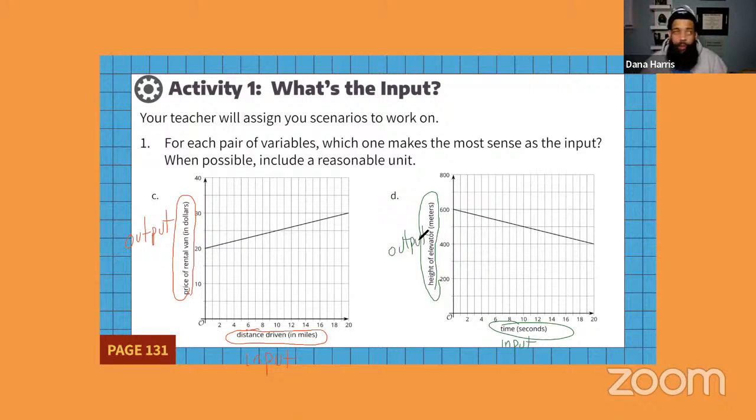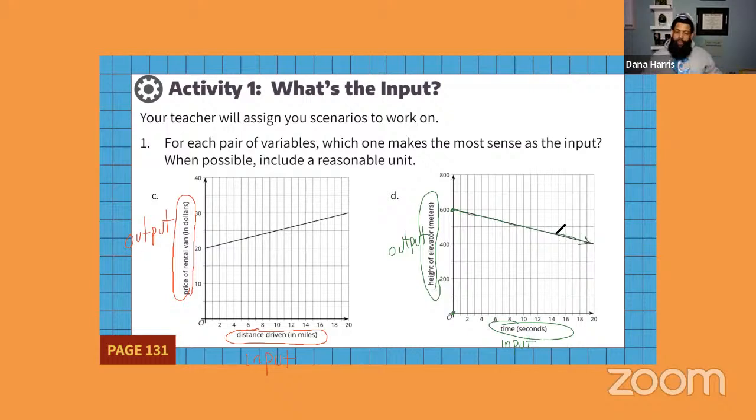So let's say I get on a 10-story elevator. Let's say I get on it on the 3rd floor. The height of it is determined by the time I'm on the elevator, because when I first enter the elevator, the time is at 0. For example, in this case, when I first get on the elevator, we were at 600 meters. And as you can see, as the time goes on, this elevator is going down.